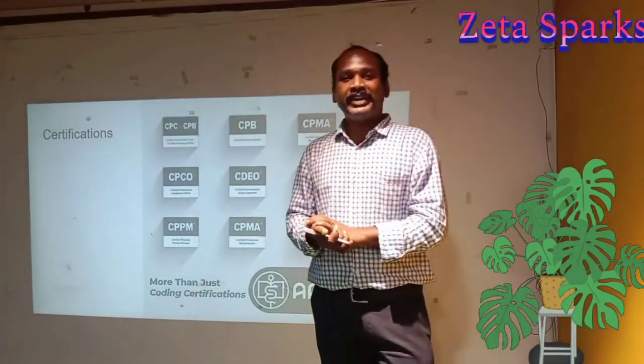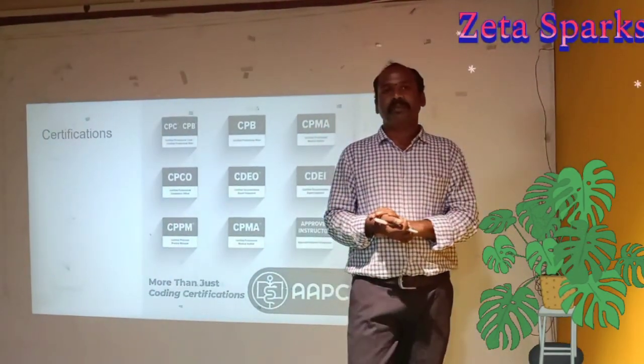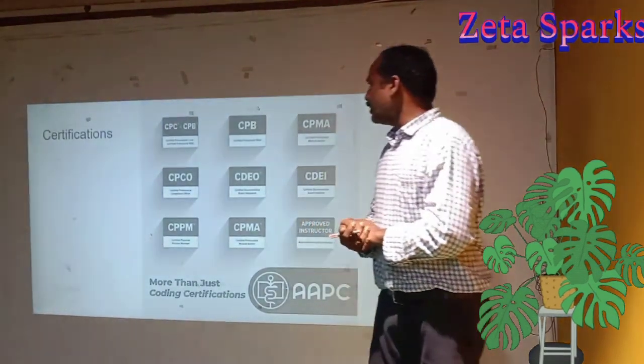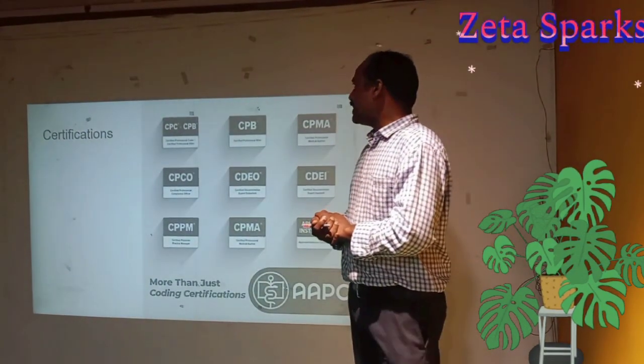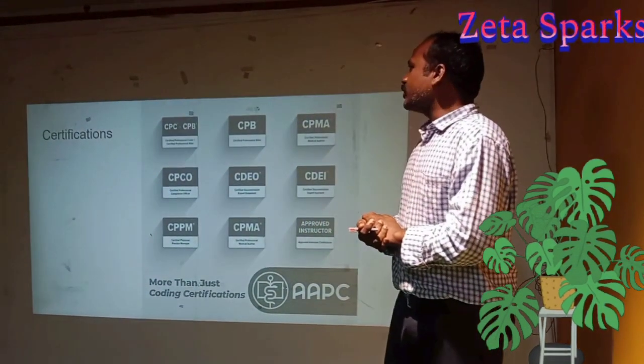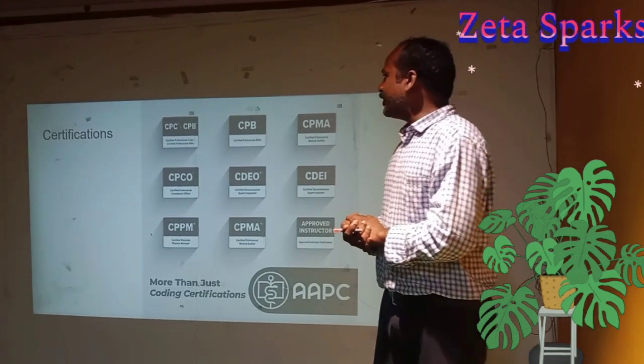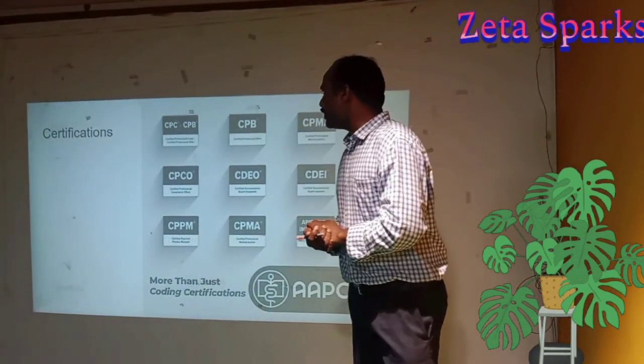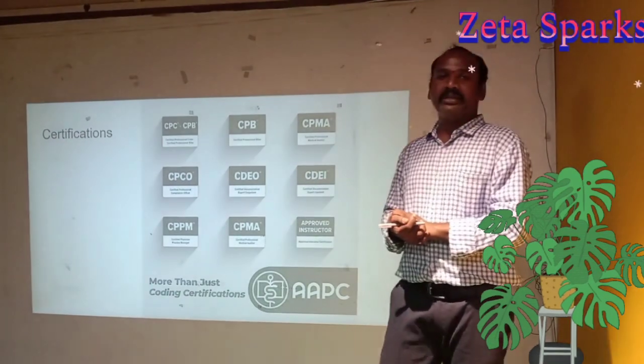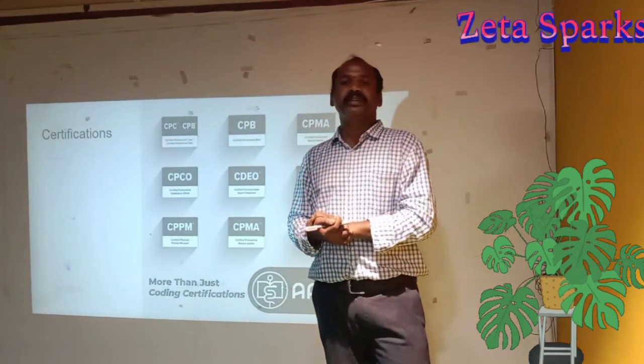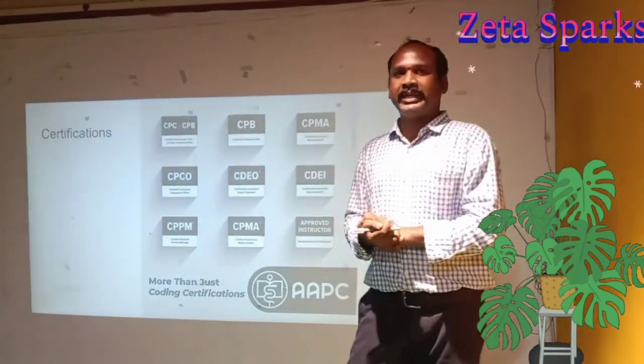What certifications are required for this medical coding? Majorly there are six certifications: CPC, CPB. What is meant by CPC? Certified Professional Coder, and CPB, Certified Professional Biller. Those two certifications are important for medical coding.